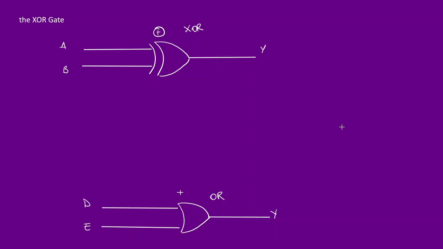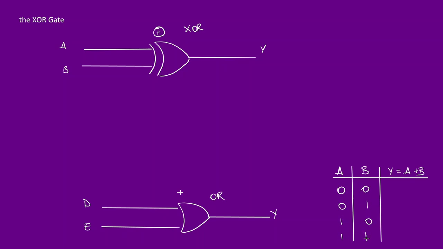Okay, so recall from your basic digital electronics, A, B, and A or B. Okay, so let's say we have A, B, and Y is equal to regular old A or B. So 0, 0, 0, 1, 1, 0, 1, 1.